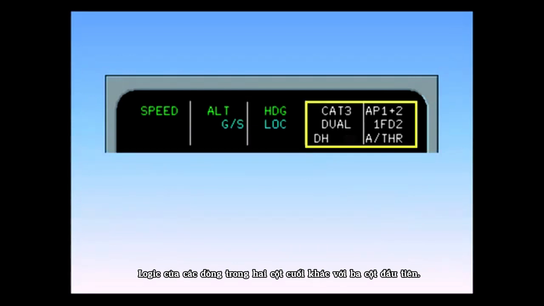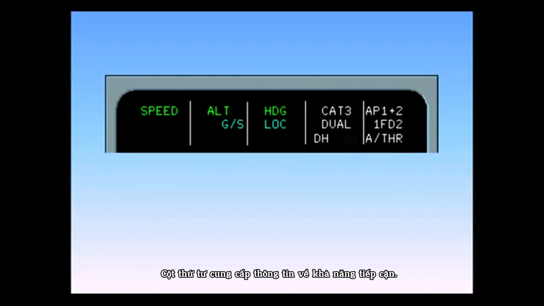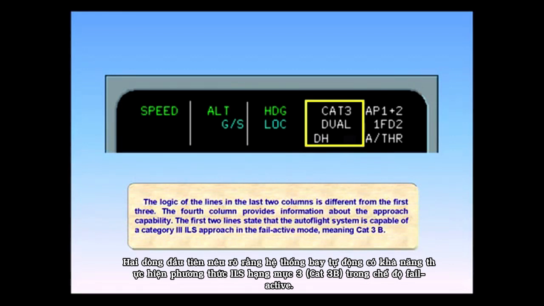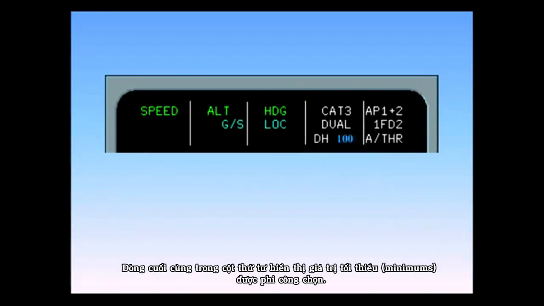The logic of the lines in the last 2 columns is different from the first 3. The fourth column provides information about the approach capability. The first 2 lines state that the autoflight system is capable of a Category 3 ILS approach in the fail active mode, meaning Cat 3B. The last line in the fourth column displays the minimums as selected by the pilots.